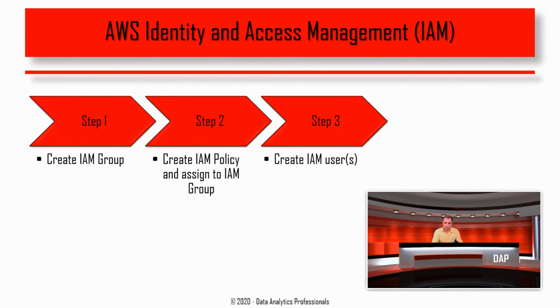Whenever you are creating a group or a user, you create a group for it and attach a policy to it if it's the first time. But if the group is already created and already assigned a policy, then you can just create a user and add it to the existing group, or as I said, you can create a new group. So these steps could come in any order. At times it might start with a user, then put it in a group and then create a policy, or you may start with a group, attach a policy, and then add a user, existing or new, to it.